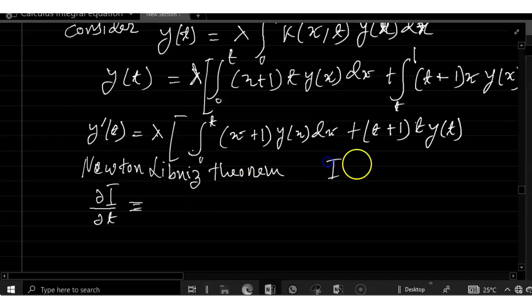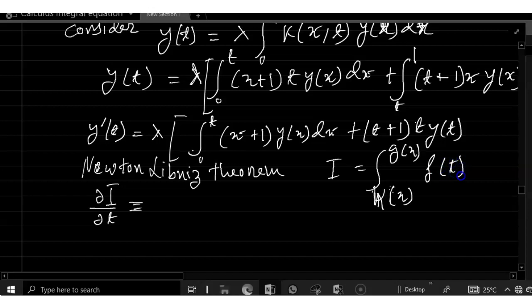Suppose I is equal to integral of h(x) g(x) f(t) dt. Okay, I can write this way.